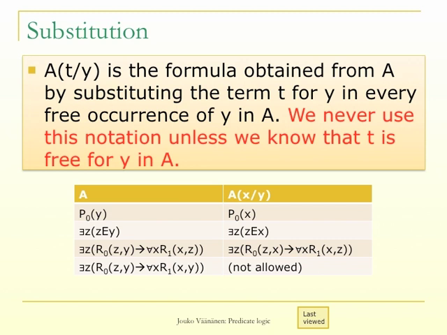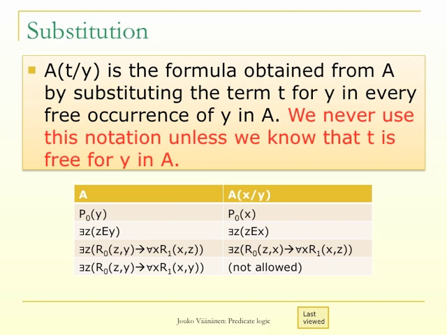Exists z, left parenthesis R0(z,y) implies for all x R1(x,z), right parenthesis. The formula A x/y is in this case there exists z, left parenthesis R0(z,x) implies for all x R1(x,z), right parenthesis.